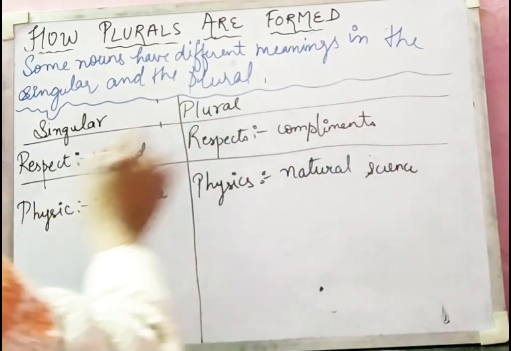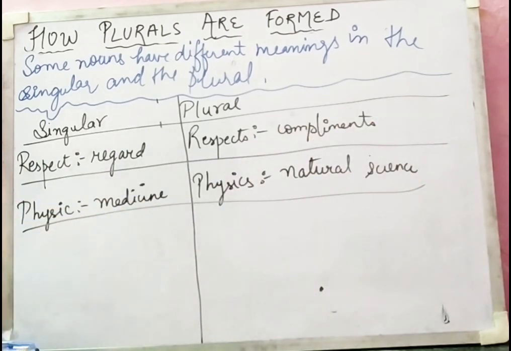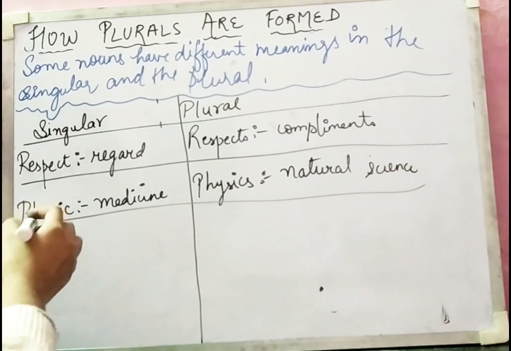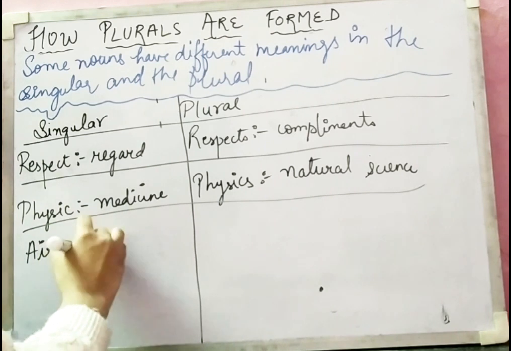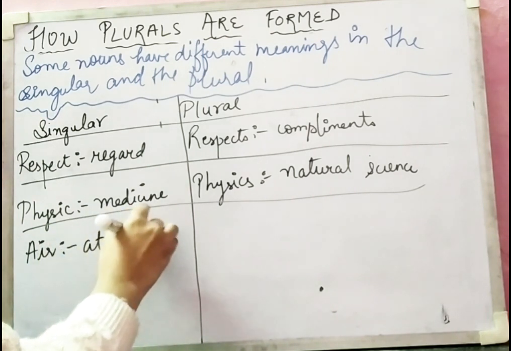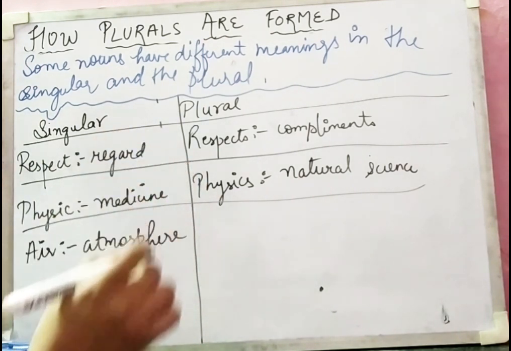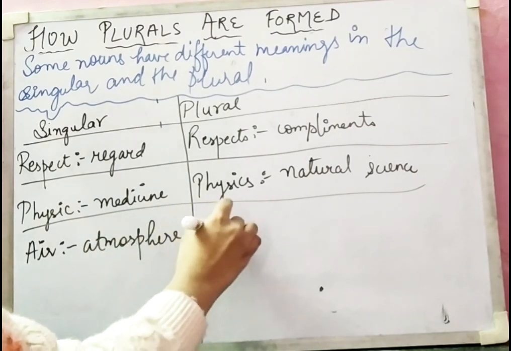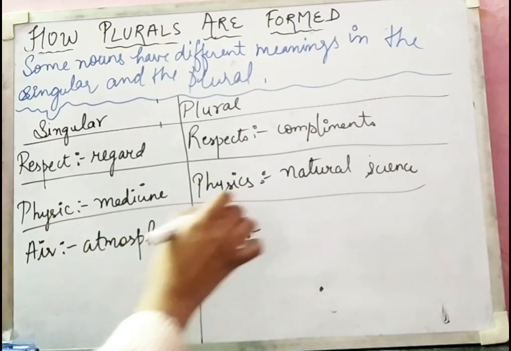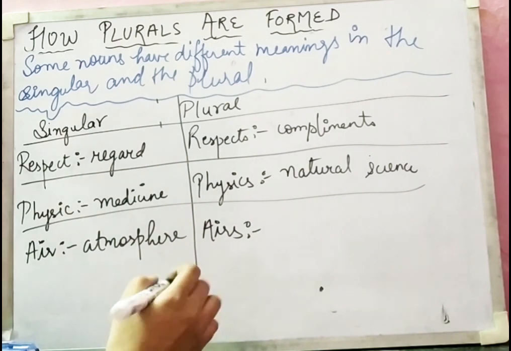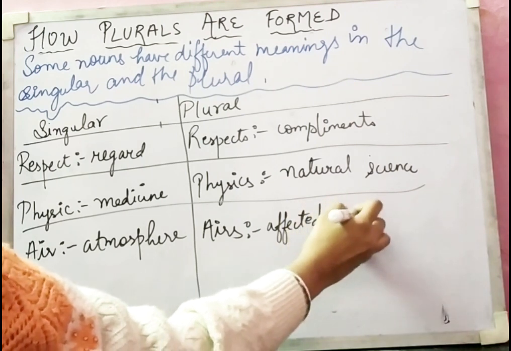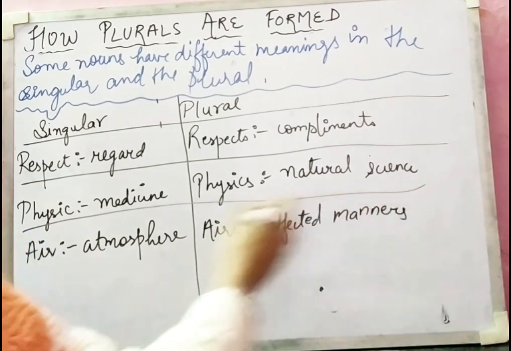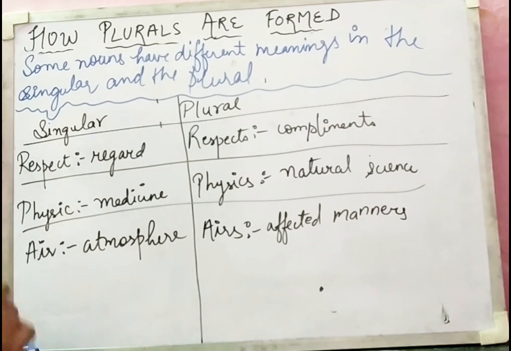Similarly, if I take one more example, that is air. Air, I think, is very simple. The meaning of air in singular is atmosphere, and the meaning of airs, means we have added s, will be affected manners. So this is the concept of this.